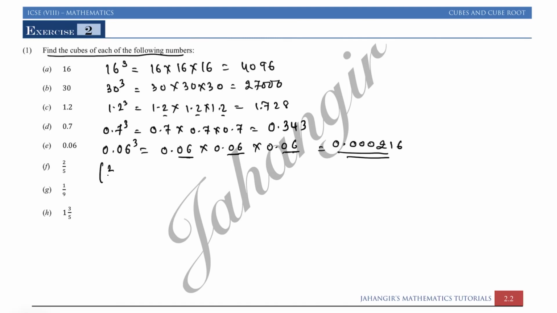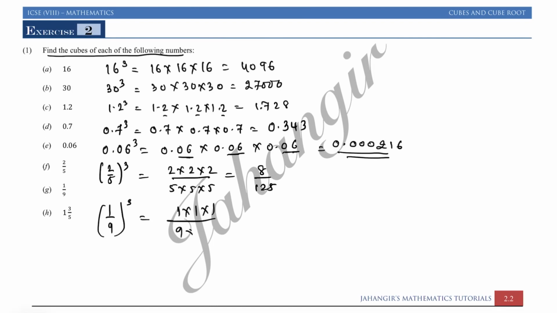Now 2 by 5 whole cube, that is 2 into 2 into 2 upon 5 into 5 into 5, that is 2 cube, 8 upon 125. 1 by 9 whole cube, so 1 into 1 into 1 upon 9 into 9 into 9. So I know 1 cube is 1 and 9 cube is 729.